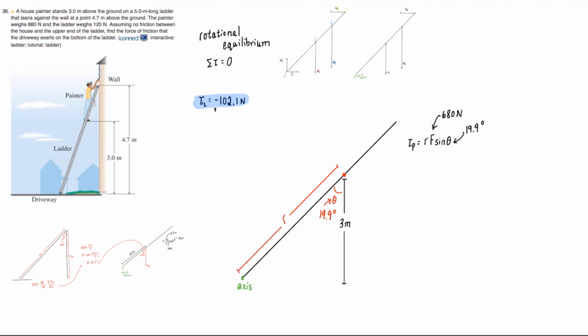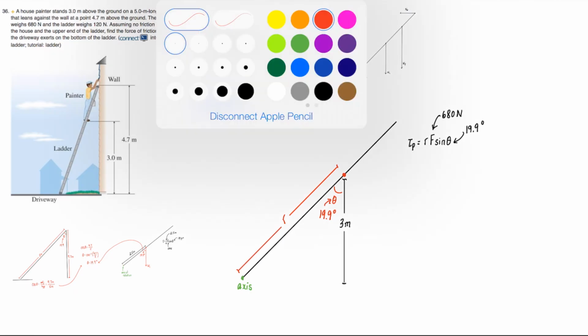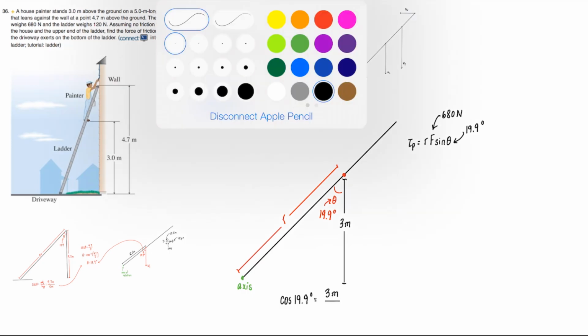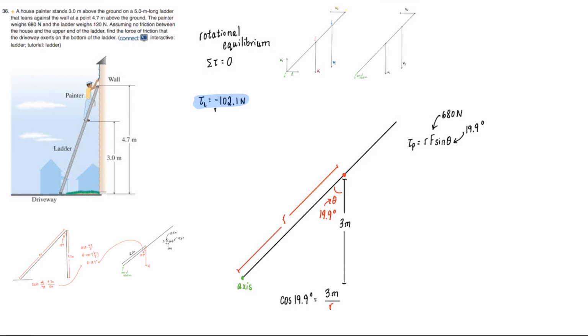In order to find this length, we're going to do a little bit of simple trigonometry. So recall that cosine 19.9 degrees is equal to the adjacent side, which in this case is that 3 meters, divided by the hypotenuse, which is our radius.